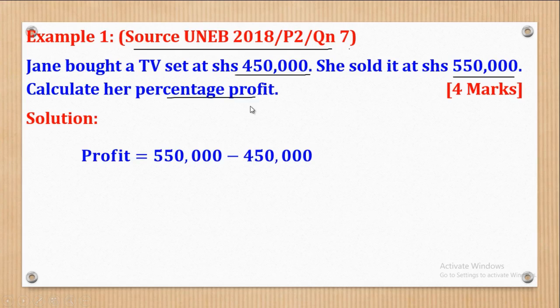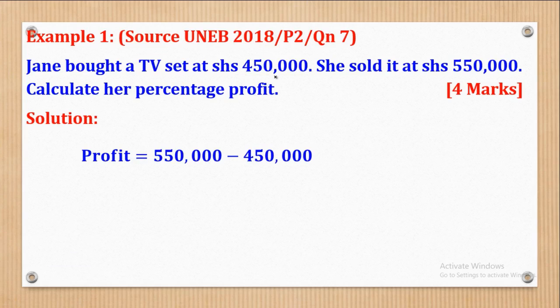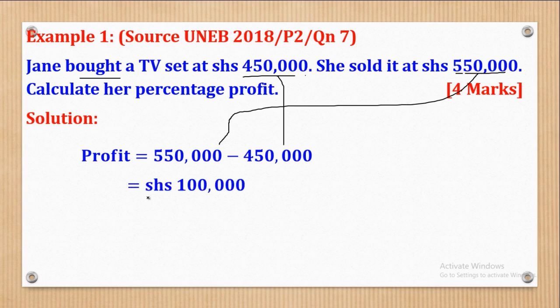So in this case, the old price or the cost price is 450,000, because that is the price at which she bought it. Then the selling price is 550,000. So remember, profit is equal to selling price minus cost price. So when I subtract the two, I'll come up with shillings 100,000.